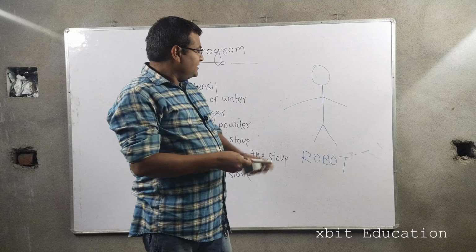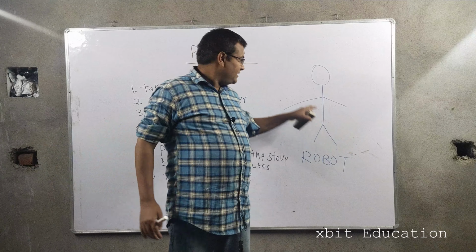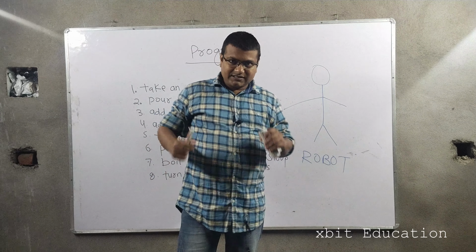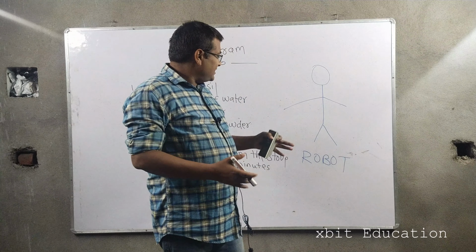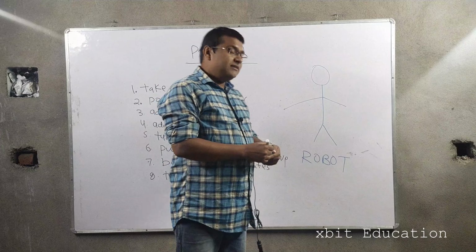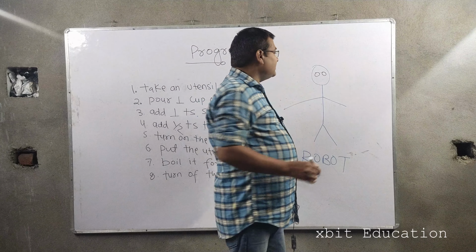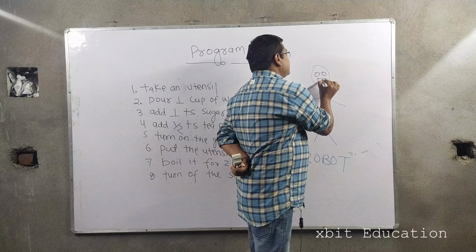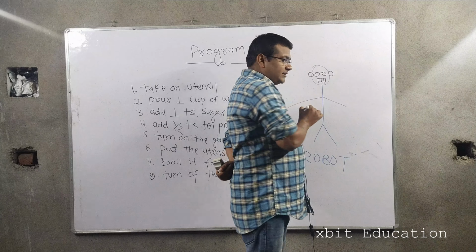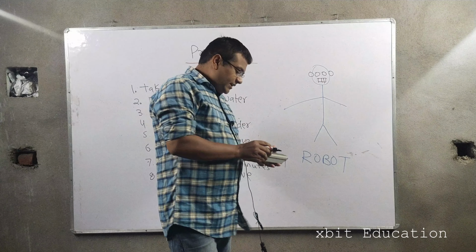Let us assume that this is a robot, like a human. It has two hands and two legs to perform physical operations, and it has two sensors as eyes, a speaker, and two mics.